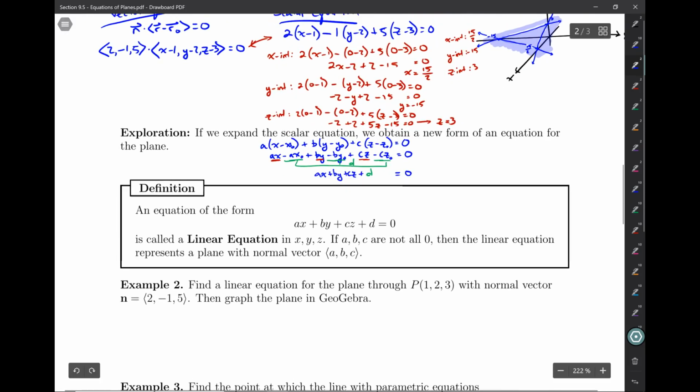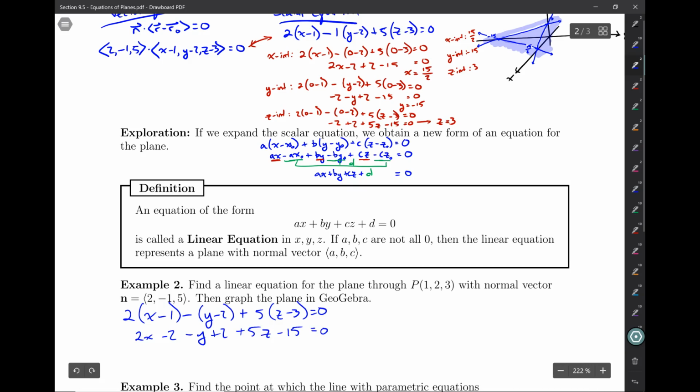Our scalar equation is 2 times x minus 1 minus 1 times y minus 2 plus 5 times z minus 3 is equal to 0. If we multiply everything through, we get 2x minus 2 minus y plus 2 plus 5z minus 15 is equal to 0.